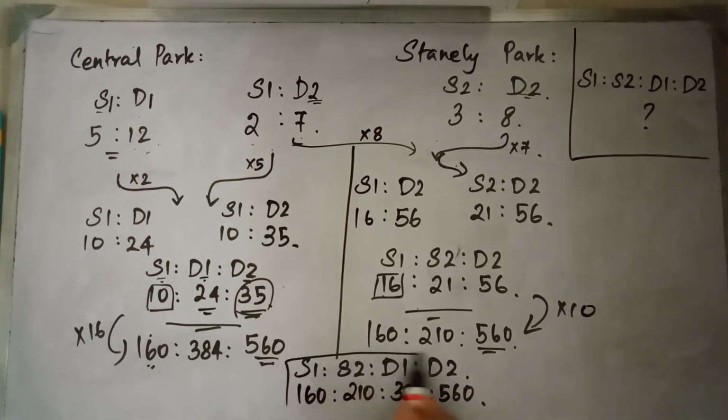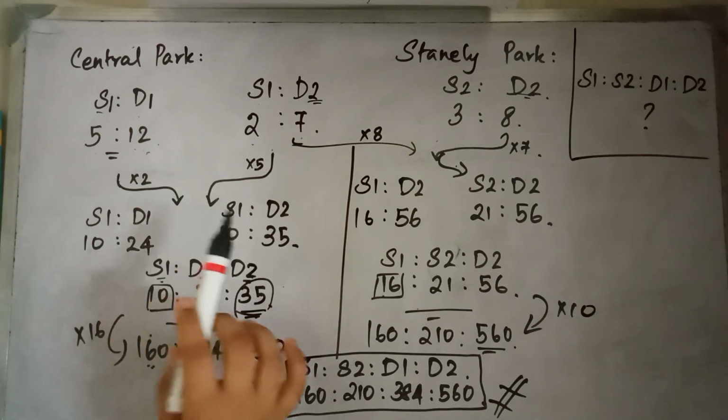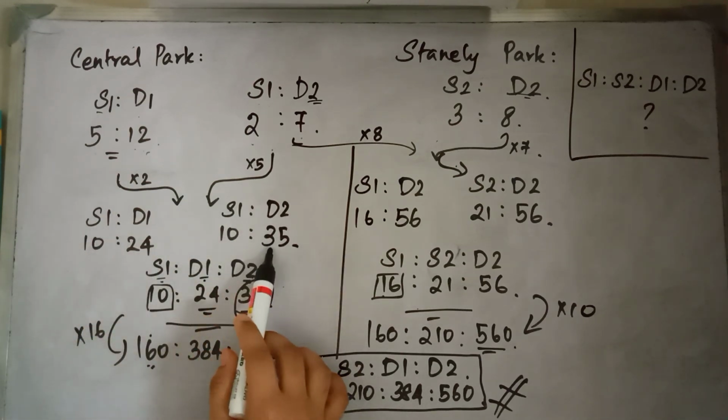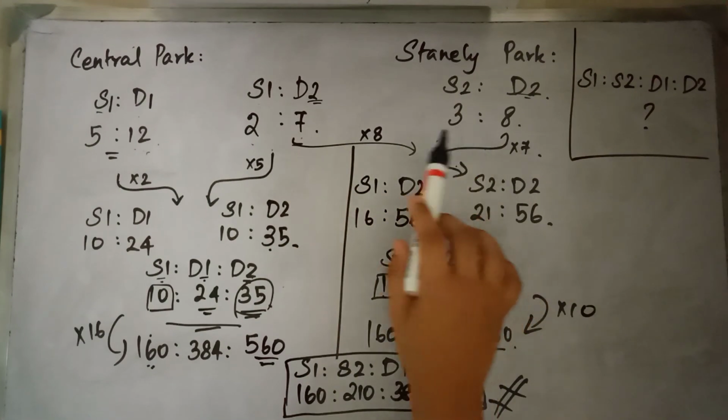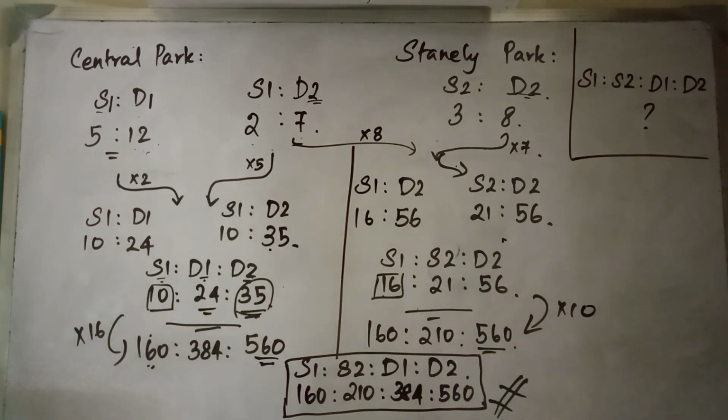So this will be the overall ratio. So what I've done is very easy. I have taken two ratios at a time, two ratios which have a common factor, and I've compared them. I've brought them into equivalent ratios, and likewise the other two ratios, I brought them into equivalent ratios. And to find the overall ratio, I've compared the newly improvised ratios to get one big ratio as this.